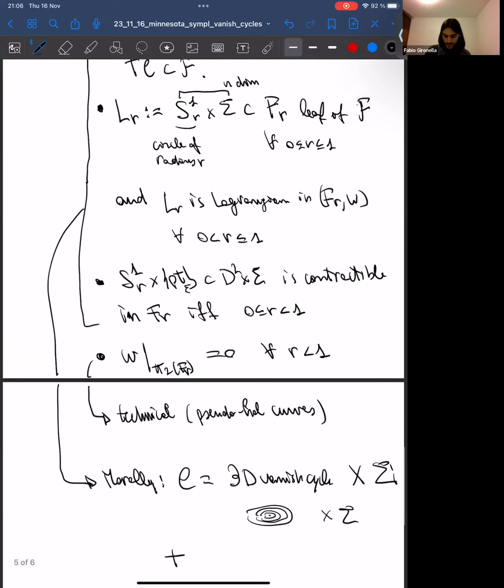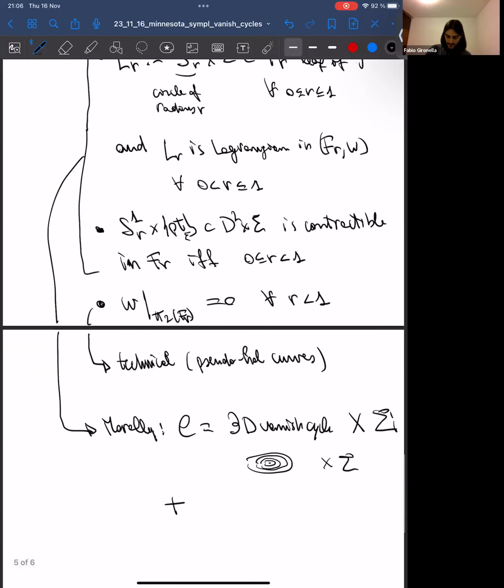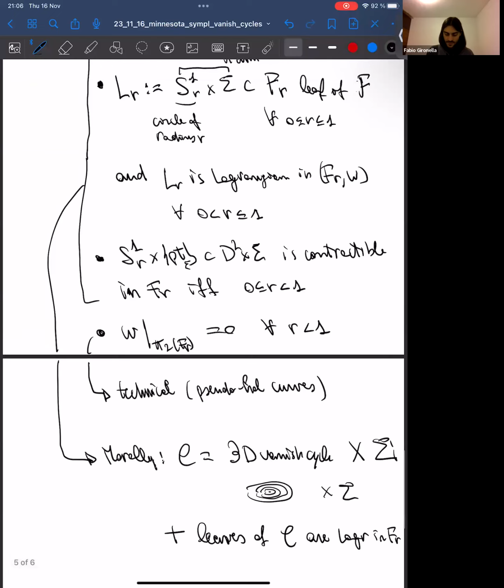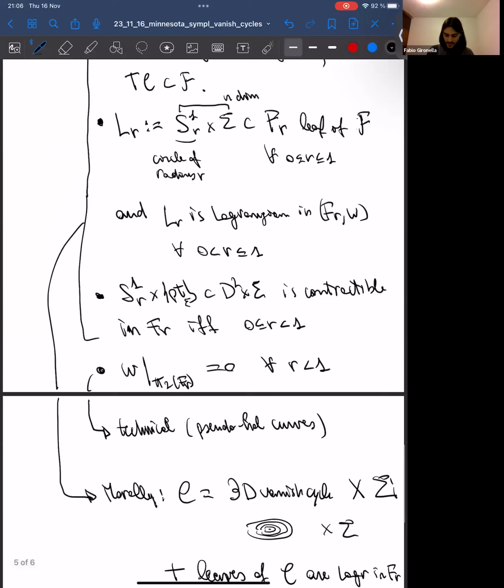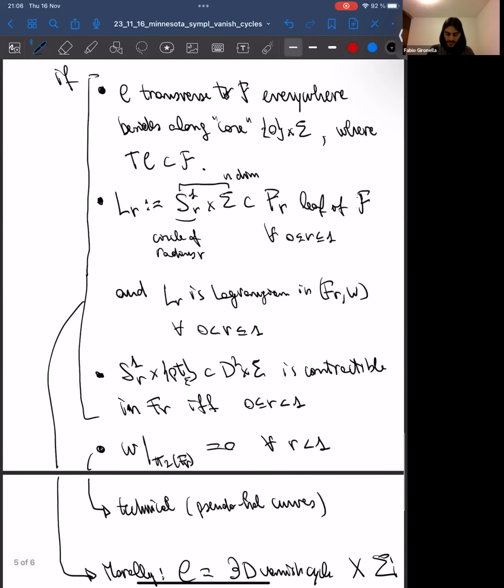Plus, we are asking the compatibility condition with omega: the leaves of the foliation induced on C are Lagrangians in the leaves, these F_R. So essentially we are trying to mimic what the vanishing cycle is in dimension 3 topologically, but using this additional structure that we have on the leaves.